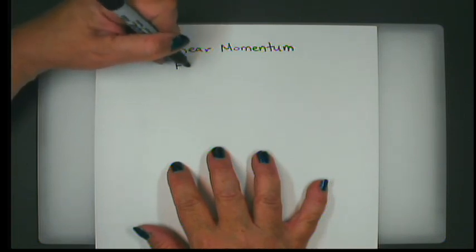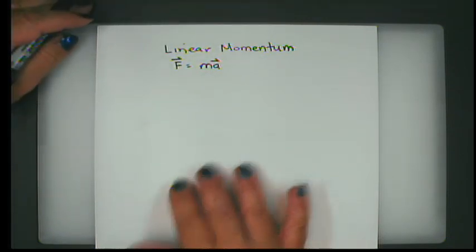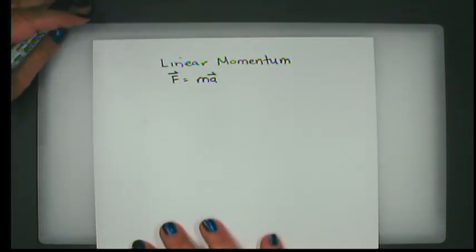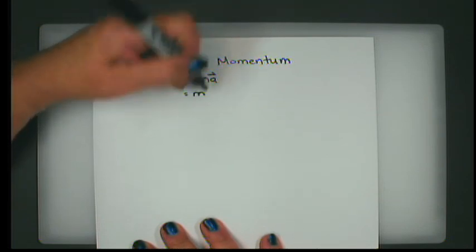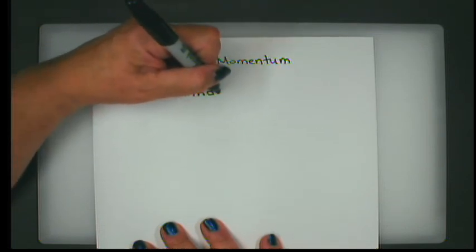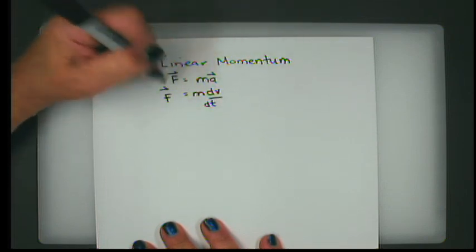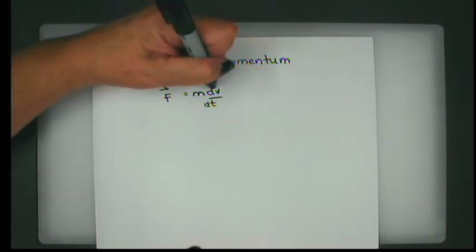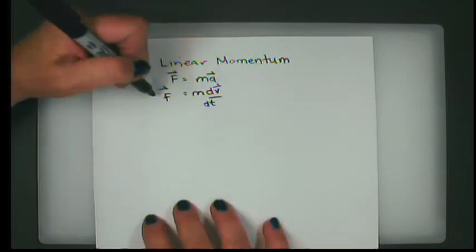One of the underlying principles of mechanics, of course, is that force is equal to mass times acceleration. And we know that acceleration is dv/dt. So we can say that the force, a force vector, is equal to mass times the rate of change of velocity with respect to time.